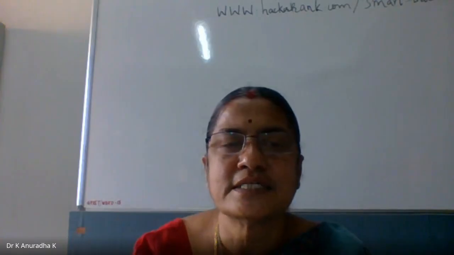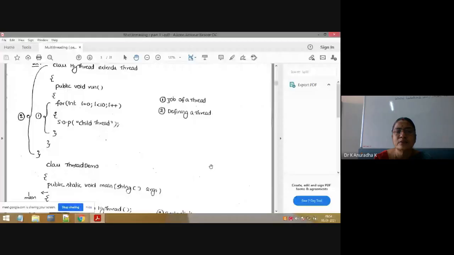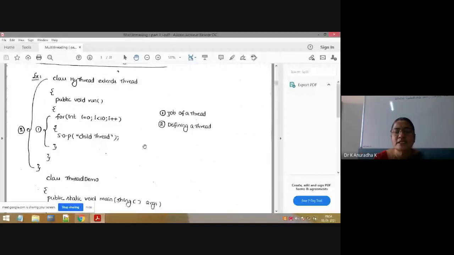First thread is calculating sum of two integers. Second thread is calculating the product of two integers. Third thread is calculating division of two integers. Fourth thread is calculating modulus of two integers, and fifth thread is calculating the difference of two numbers. Like that, I have created 5 threads, and each thread is doing a separate independent task.